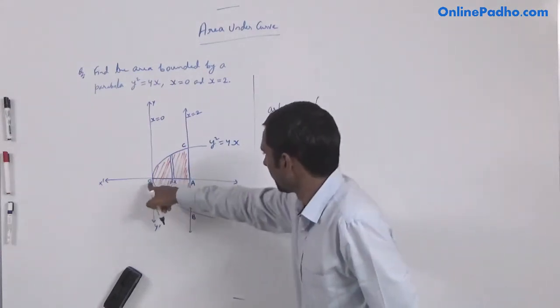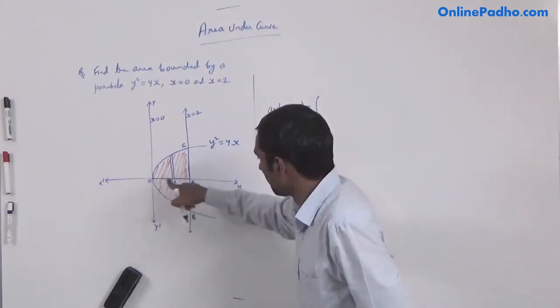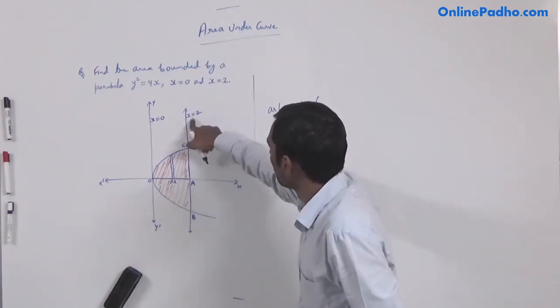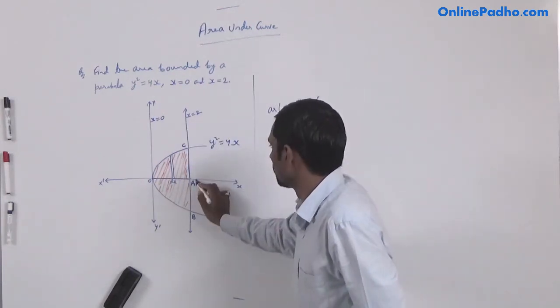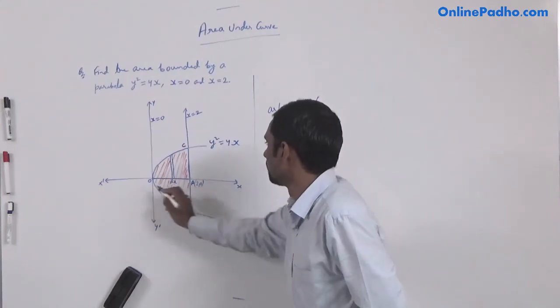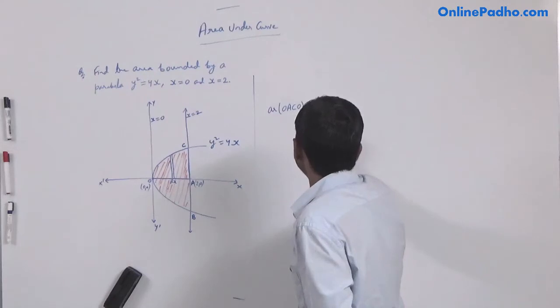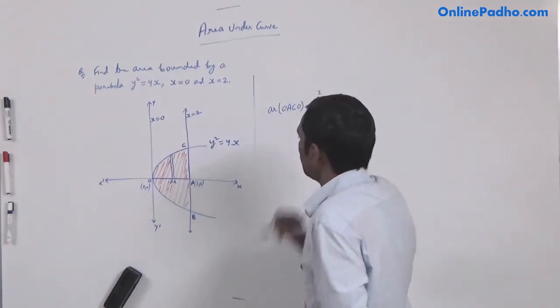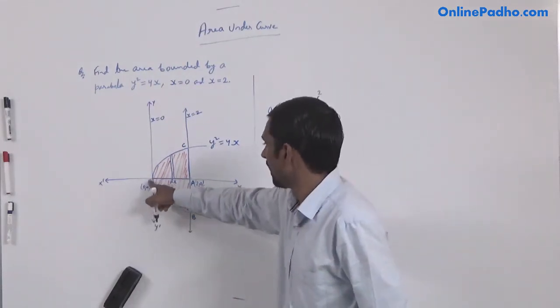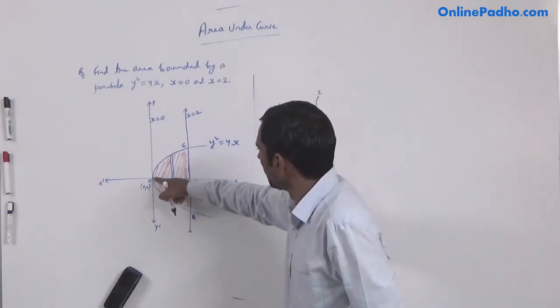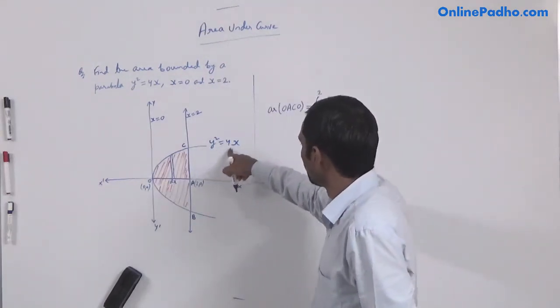And here the lower limit on x-axis was 0 and the upper limit was 2 because this line is called x equal to 2. So this point is called 2, 0 and this point is called 0, 0. So on x-axis the lower limit is 0 and the upper limit is what? 2. Right? Lower limit is 0 and upper limit is 2. And the curve is what? Y square equal to 4ax.